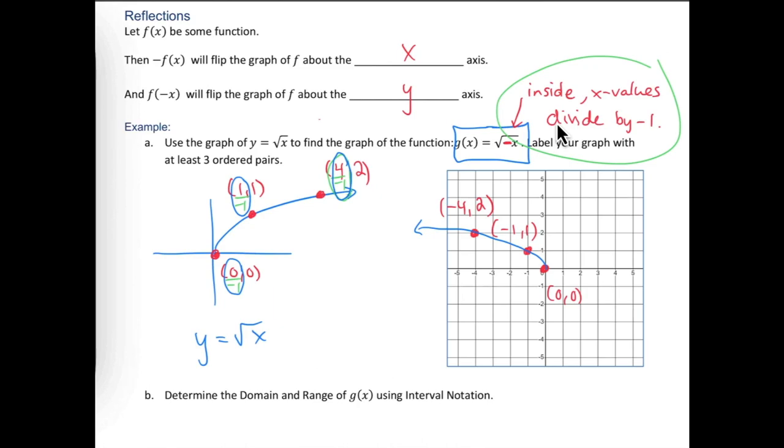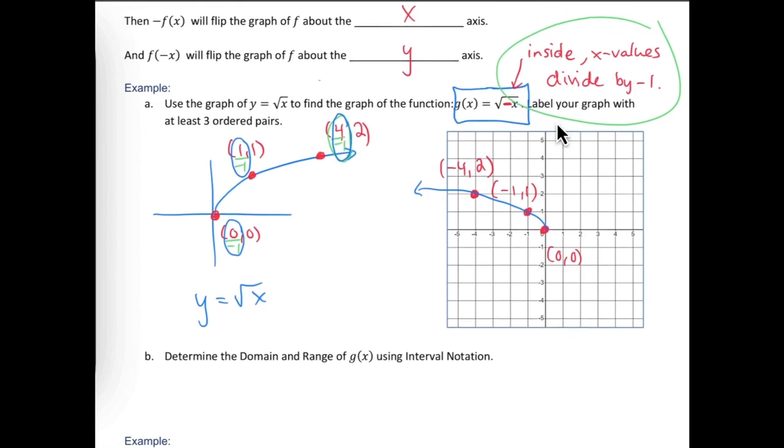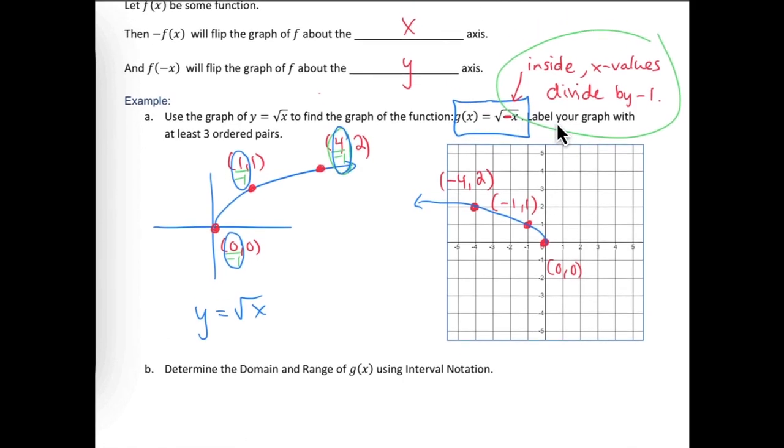Now, let's take a look at the domain and the range here. Looking at the graph, we can see that the domain is from -infinity to 0. And then the range of this graph, again just looking at the graph, looks like it is from 0 to +infinity.